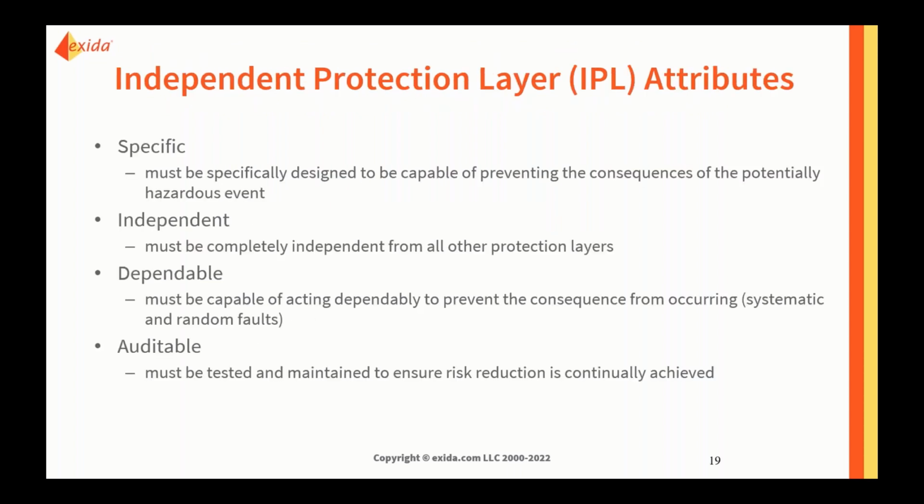So for that more complete analysis, we really need to focus on what makes an independent protection layer workable. What do we need in order to credit each potential protection layer that we're considering?